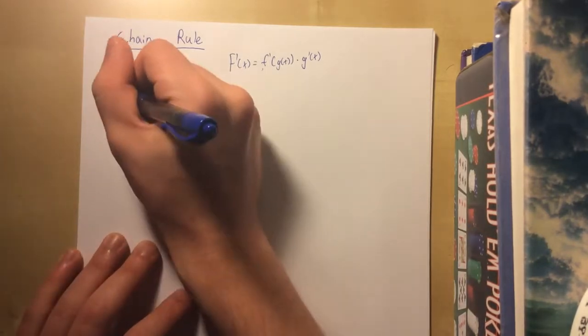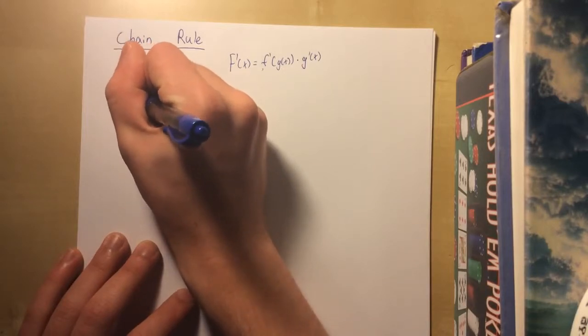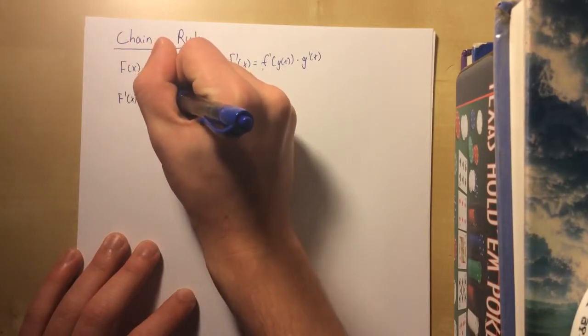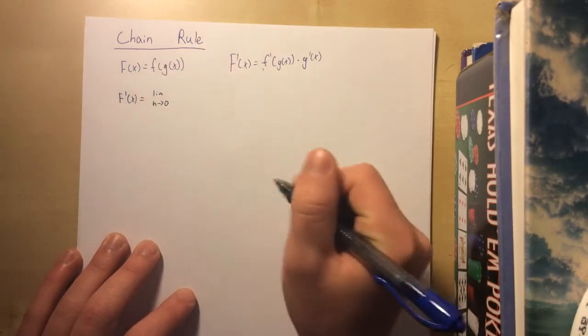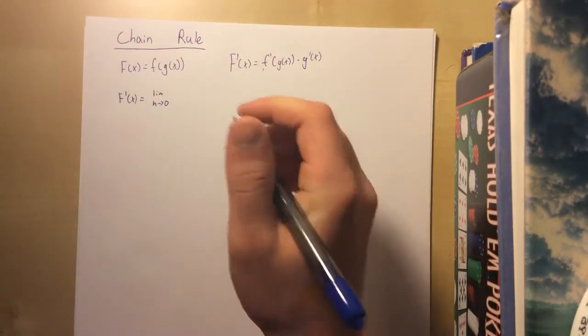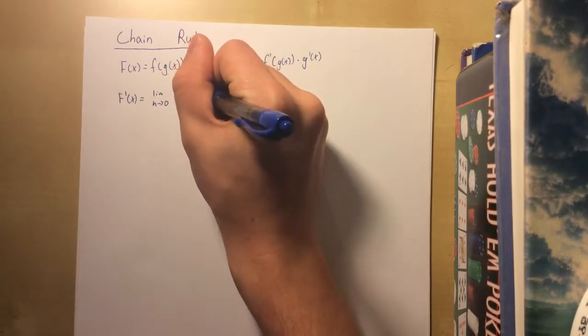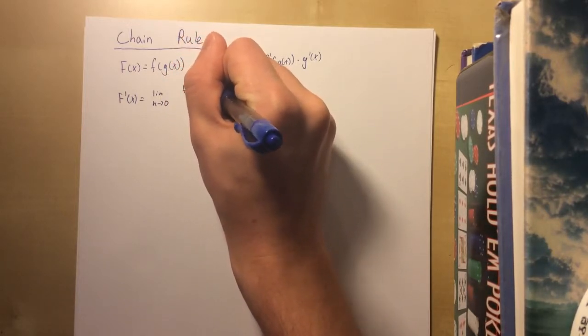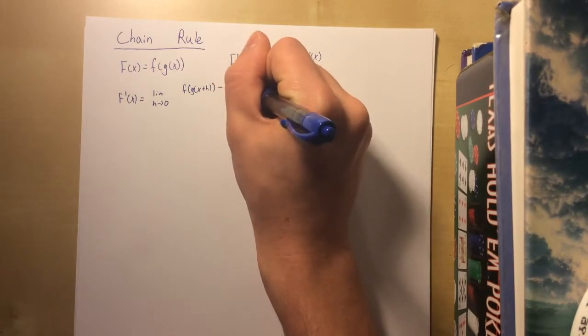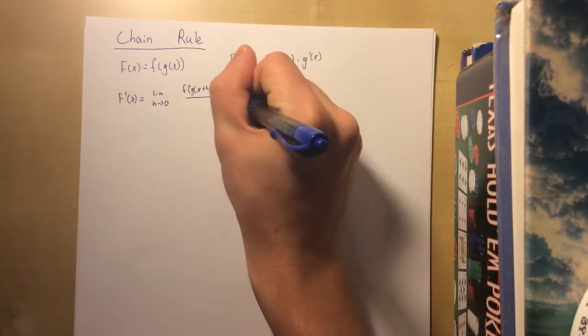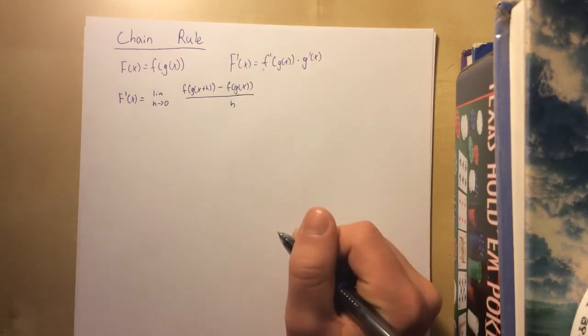So the derivative of f of x, we're just going to use the definition of a derivative again. So the limit as h approaches 0 of f of g of x plus h minus f of g of x all over h.